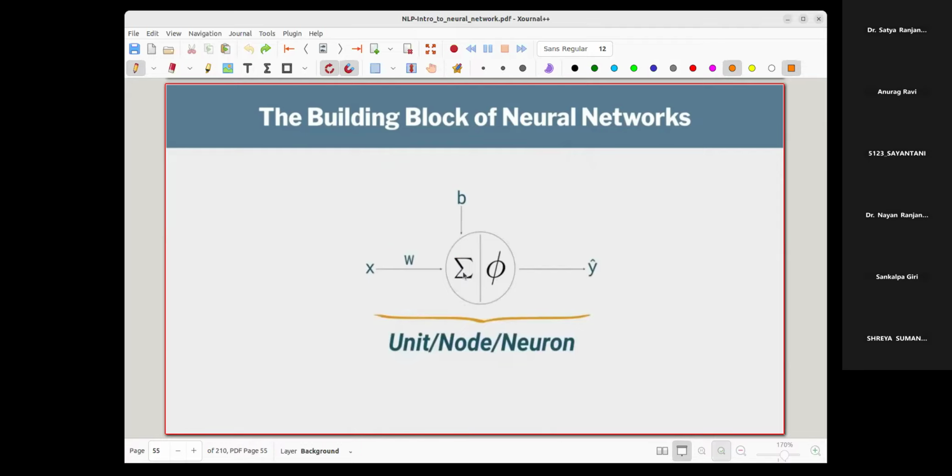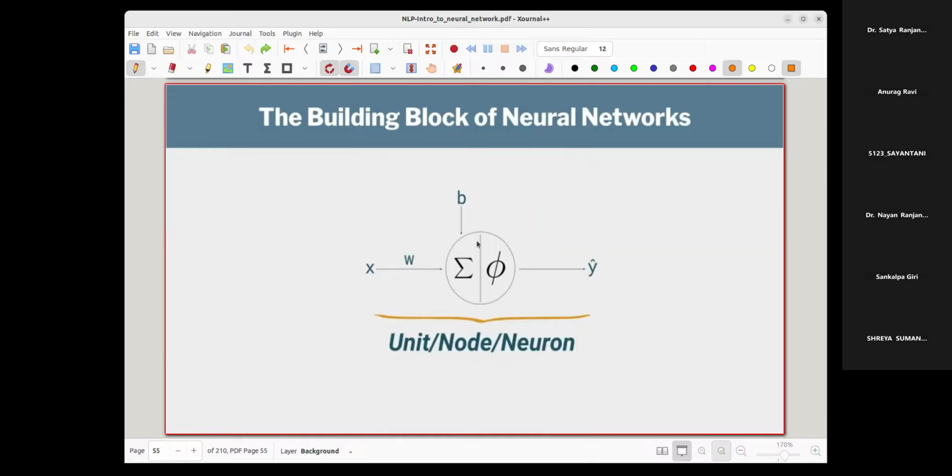The first part aggregates whatever input it gets. What does aggregating mean? It aggregates x into w plus b, where b is an input. Whatever output you get from this aggregation passes to the second half, the second function, that is the nonlinear function, and you get the output. This structure is called a unit. Sometimes we call it a node, and most famously it is called a neuron.